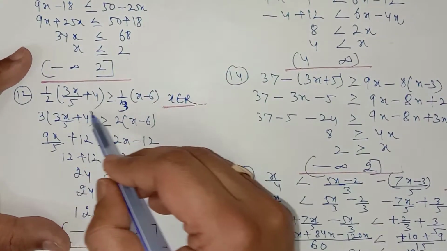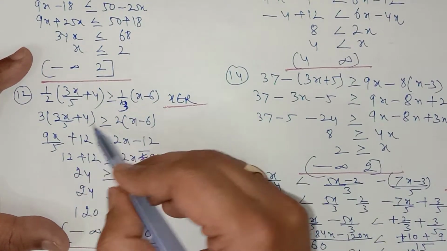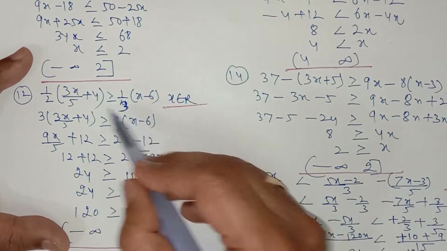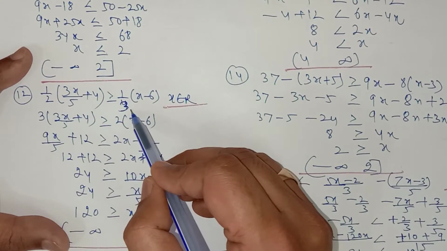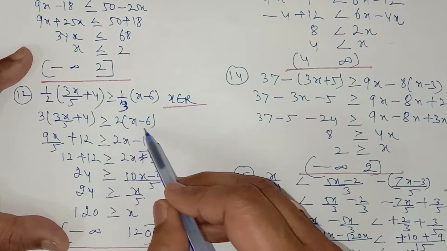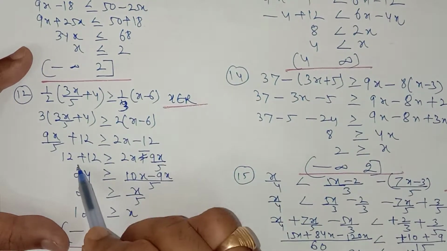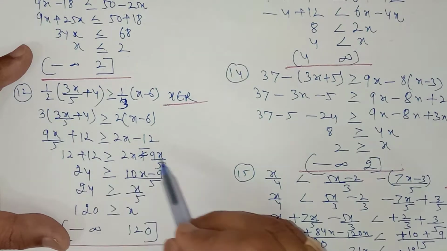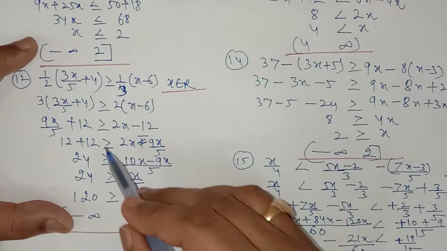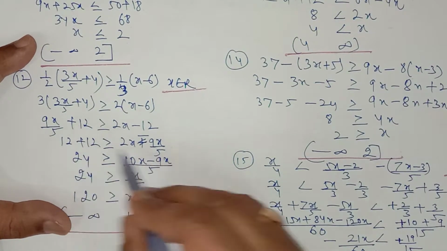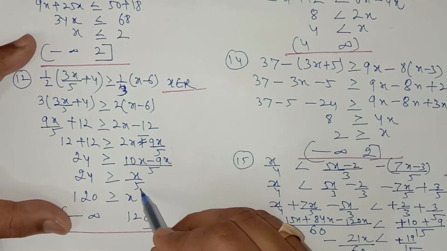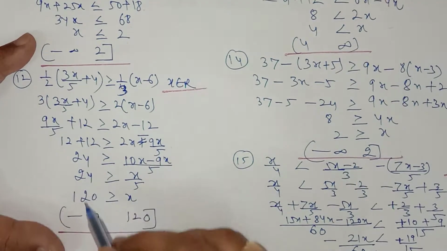In question number 12, we have this linear inequality. You can simplify by simply cross multiplying because the denominator is positive. Open the brackets by multiplying by 2 and by 3. Take the variables to one side and the constants to the other side, taking care of the inequality sign. And it will be 10 minus 9x upon 5, and 24 cross multiplied, that is 120.